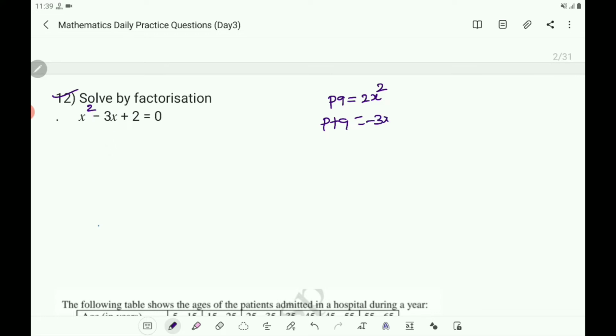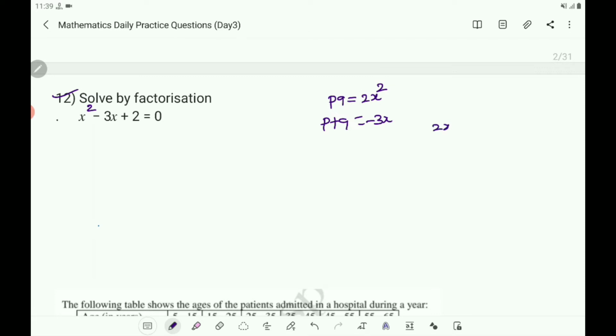You find the factors of 2. You know that 2 ones are 2, and also 2 plus 1 is 3, and here the product is positive, means the factors have the same sign, that is the sign of the middle term.